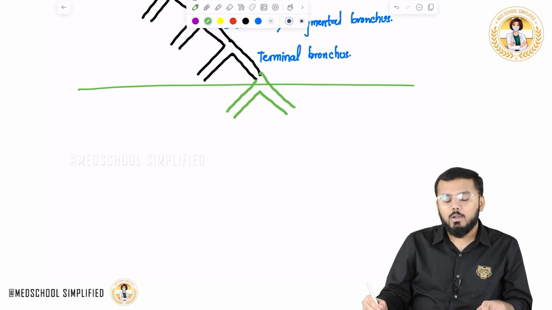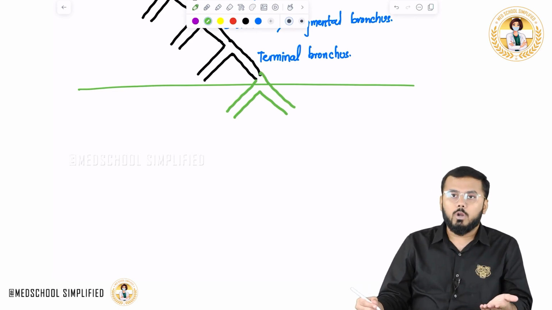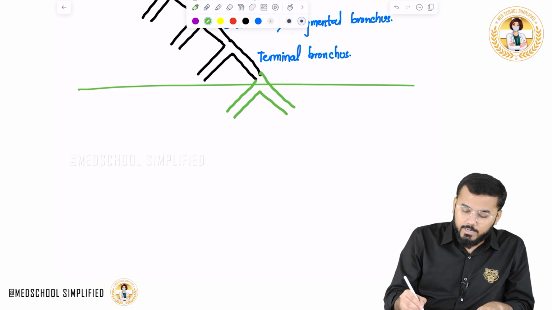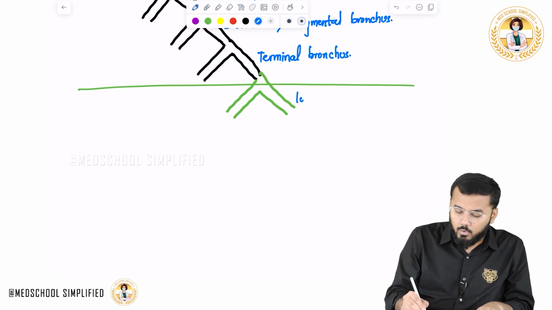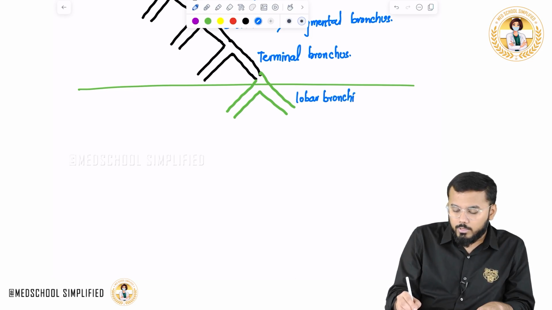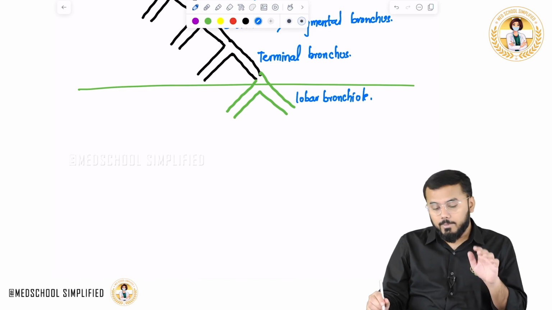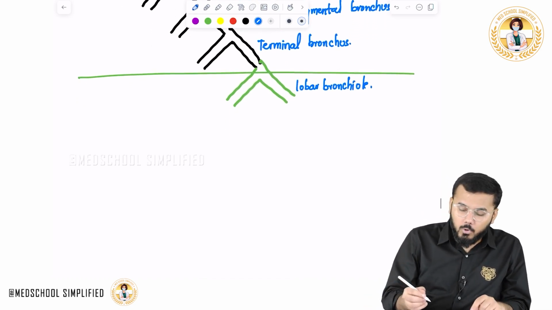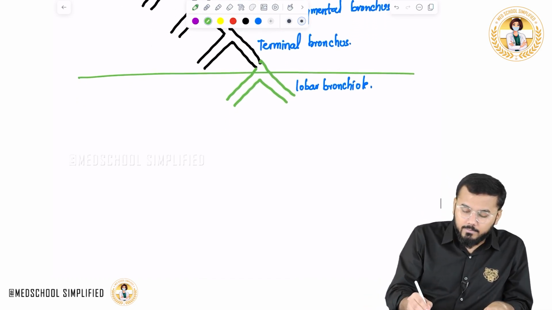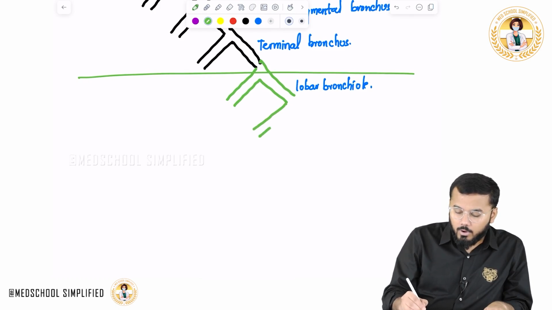What is that bronchiole? That is called the lobar bronchiole. So here it is dividing into lobar bronchiole. The lobar bronchiole is finally dividing into terminal bronchiole.